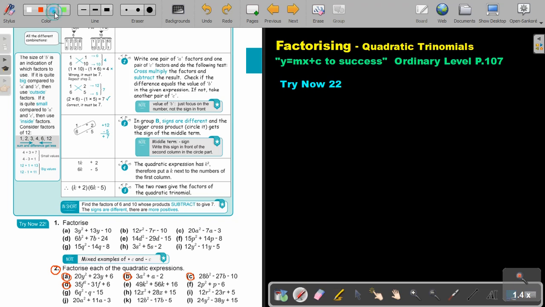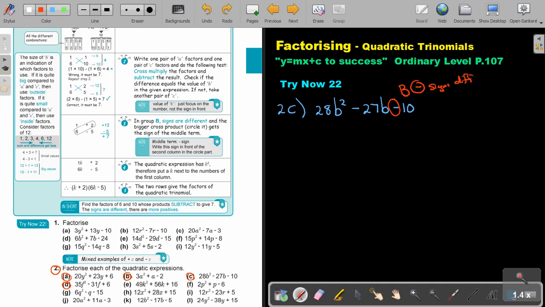Okay, let's start with the next one. Number 2C. So this will be 28b squared minus 27b minus 10. Okay, so in this case, I'm going to make it in red. This is b, and I'm going to subtract, and I remember the signs will be different.